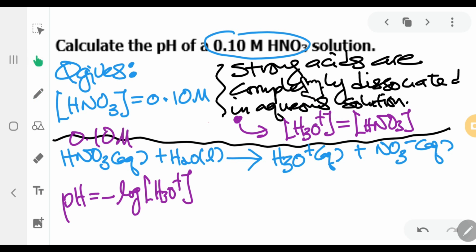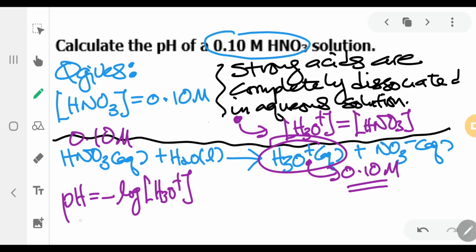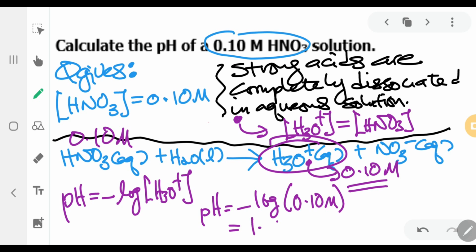Because it will be completely dissociated, therefore this over here will also be 0.10 molar. So we're just going to plug in the value. So we have pH equals negative log 0.10 molar, and the value would be 1.0. So that is the answer.